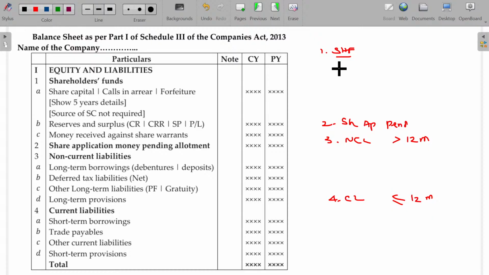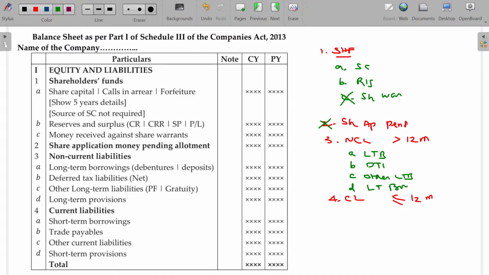And here we have share capital, reserves and surplus, share warrant. Usually you don't get the share warrant and this one also. These two will come rarely. Under non-current liabilities, three items are there, along with provisions. So long-term borrowings, other long-term liabilities, and long-term provisions.